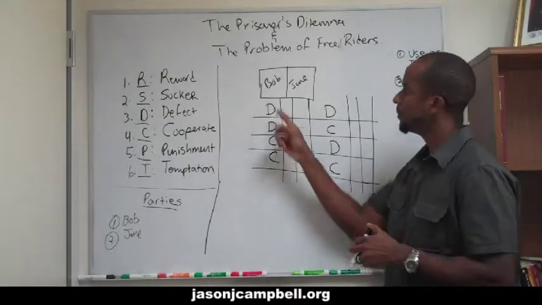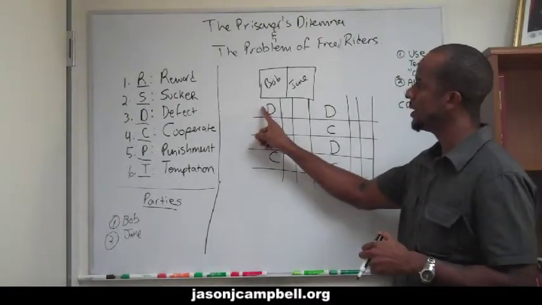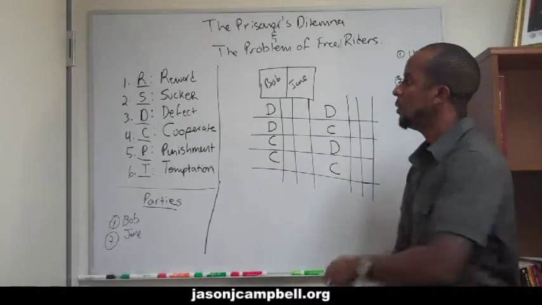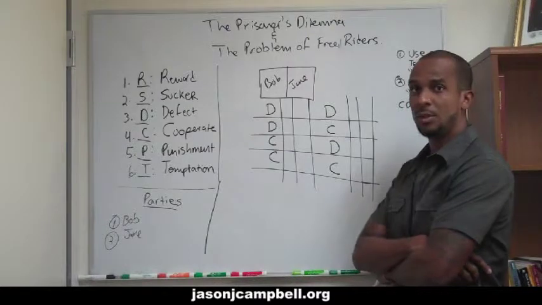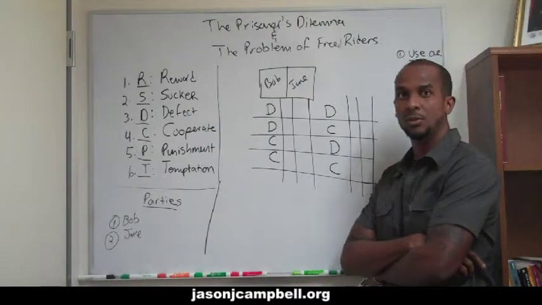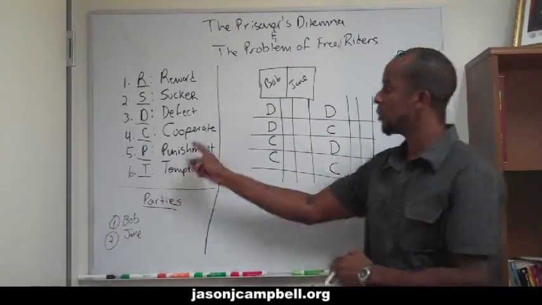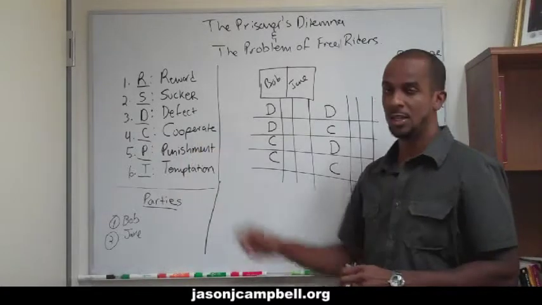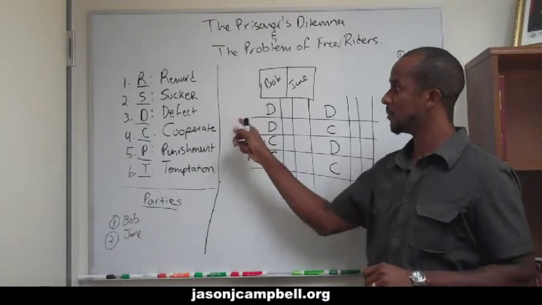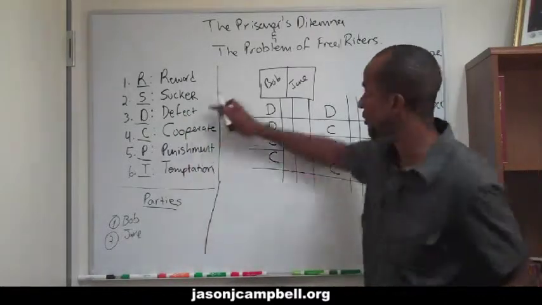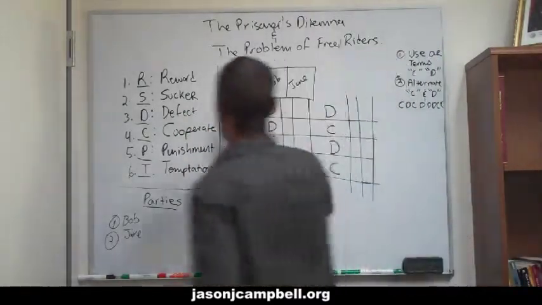Okay, now remember we said, what does D mean? Well, defect. If a person defects in the game, then the person is going to tell on the other person. If the person cooperates, the person is going to remain silent, right? So if the person defects, the person effectively snitches on the other person.